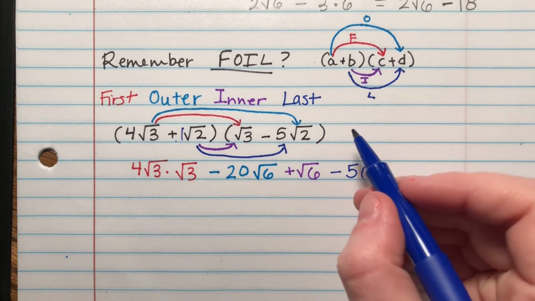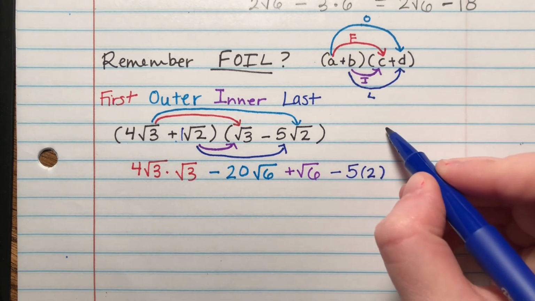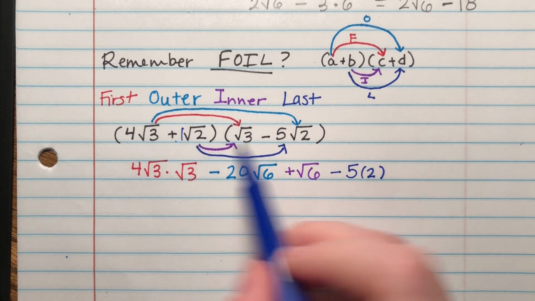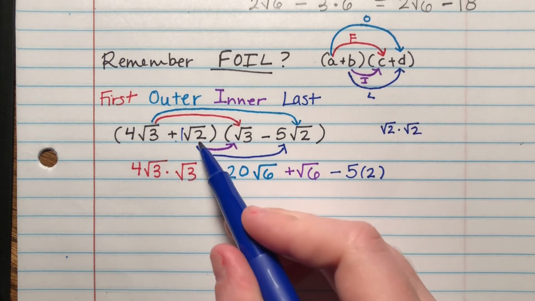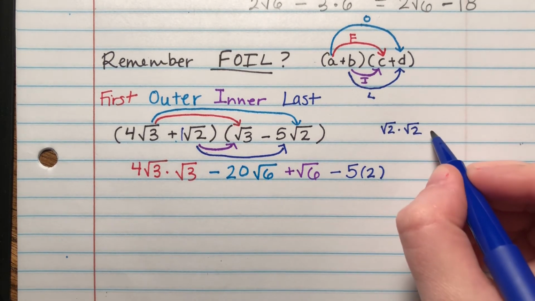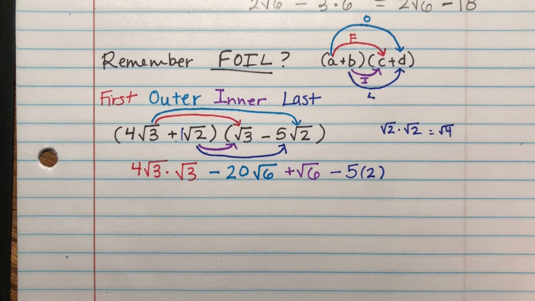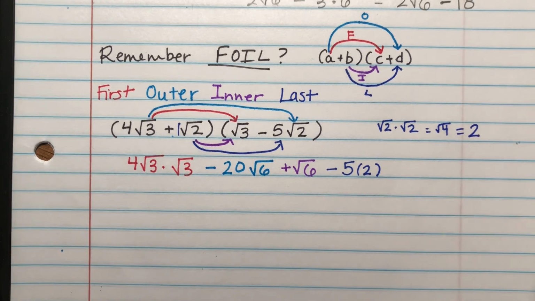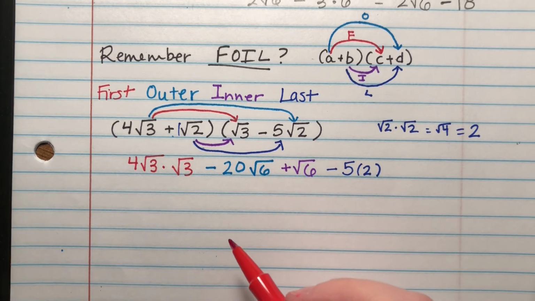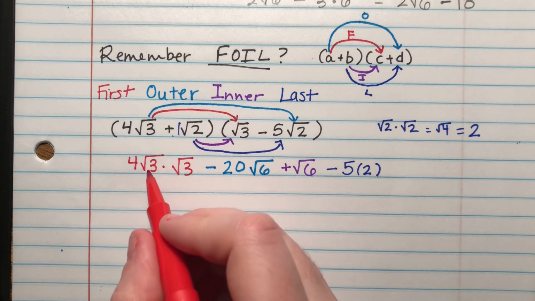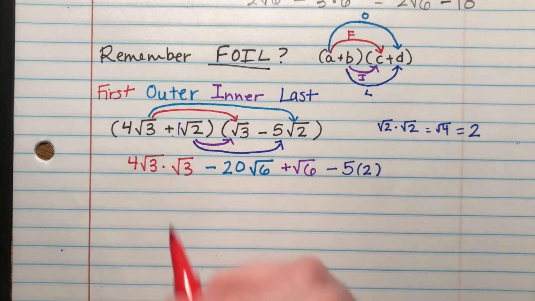Alright, and if we're a little confused on how I got that, I'll just write it here. Square root of 2 times square root of 2, right? My last terms here give me square root of 4, which I know is actually just 2. Alright, now that I have these, let's go ahead and simplify a little bit. So I have 4 square root of 3 times square root of 3.